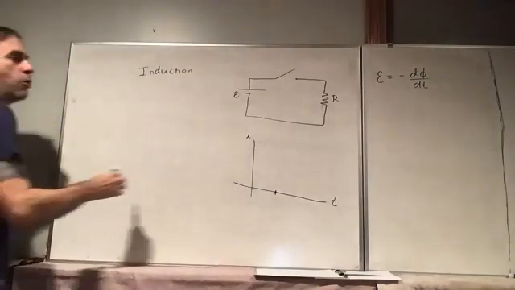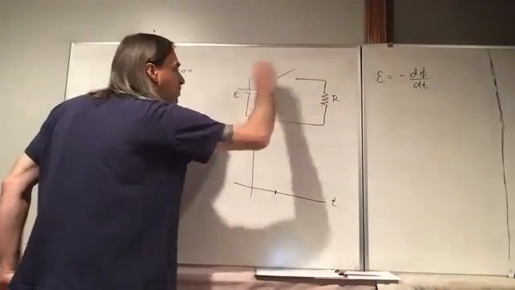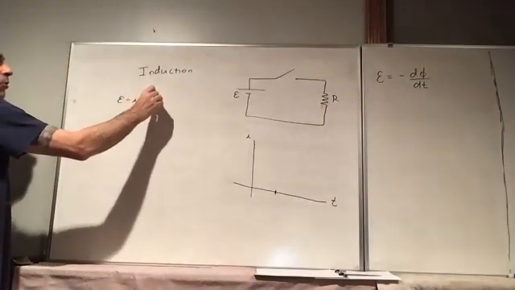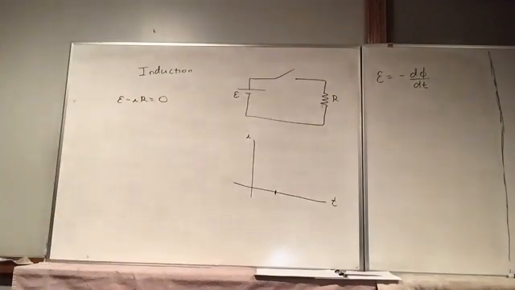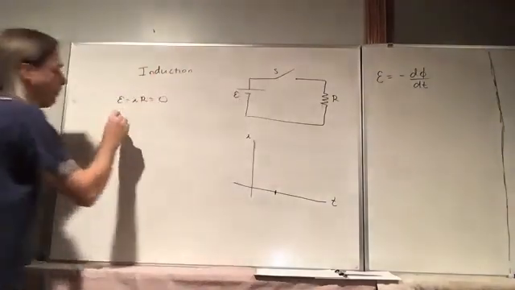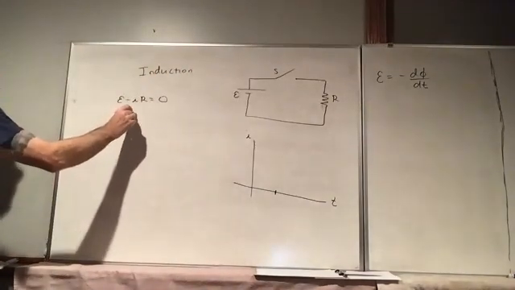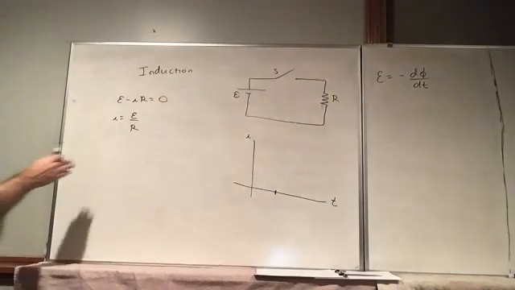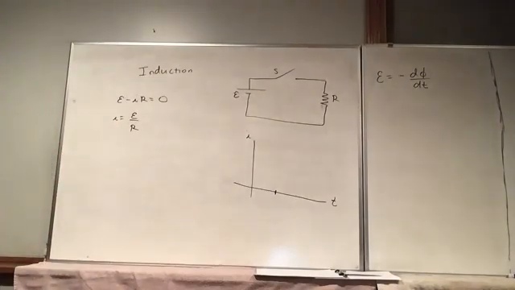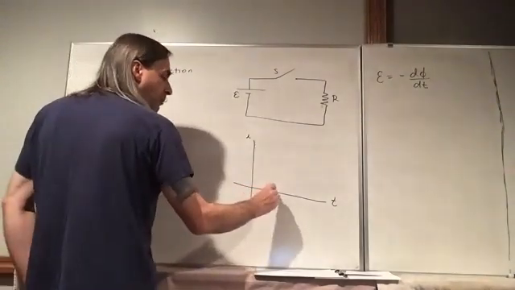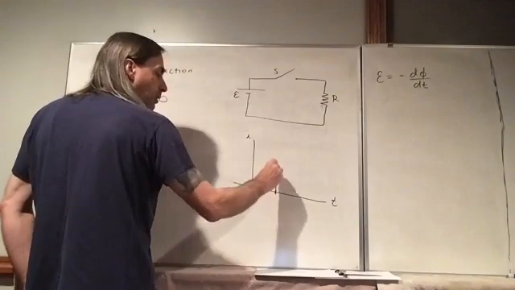If we apply the loop rule, we draw this loop here, and we have E minus IR equals 0, where E is the EMF provided by the battery. And so we get I is the EMF over the resistance.